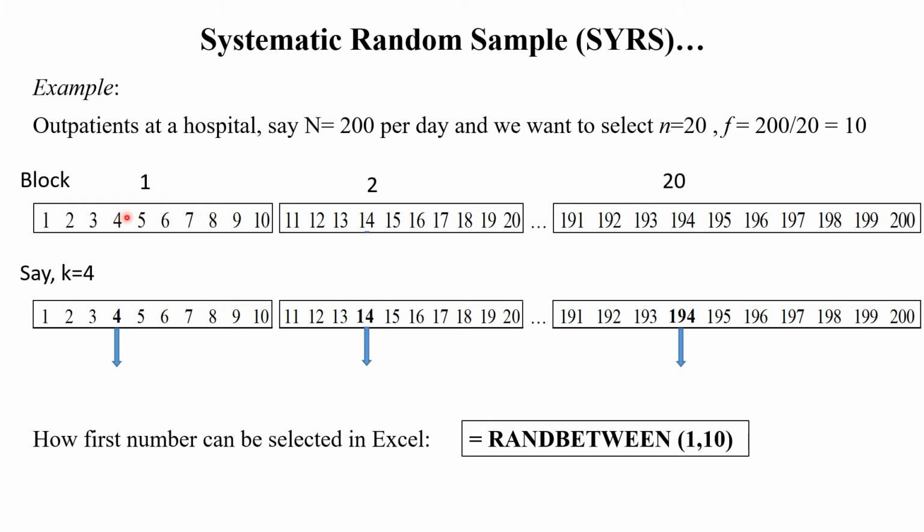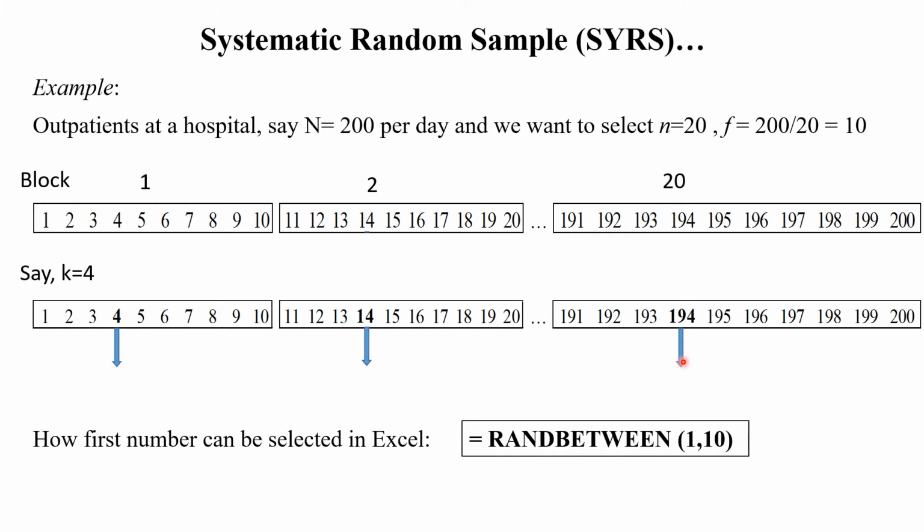I select a number randomly from this first block. How do you do that? Just type in Excel RANDBETWEEN 1, 10, because there are 10 patients here in the first block. Supposing the number selected is the fourth patient. So in this block, patient number 4, next block 14th, next block 24th, until the last block, 194.